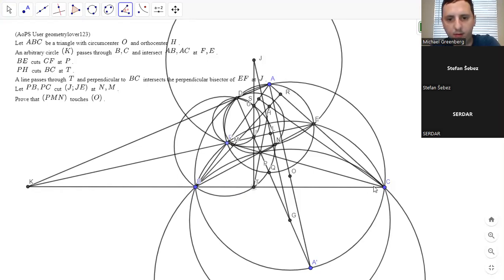So TPC, and then, whoops. Oh wait, those aren't equal. Oh no, I need DBG, sorry. Not T.